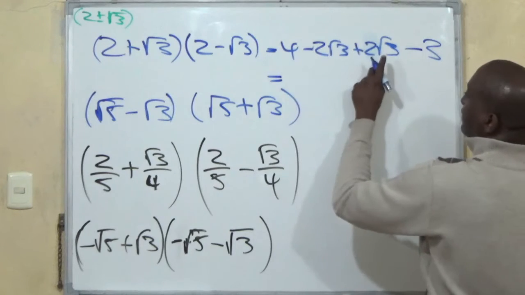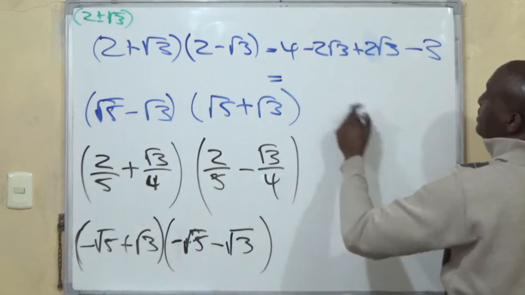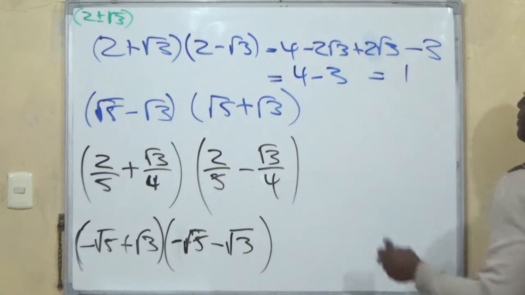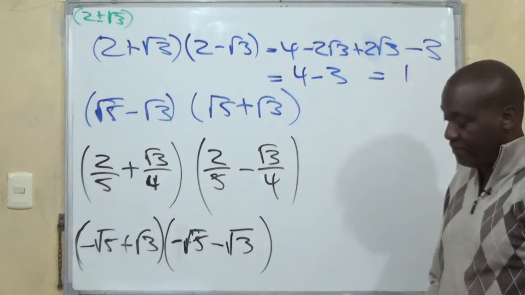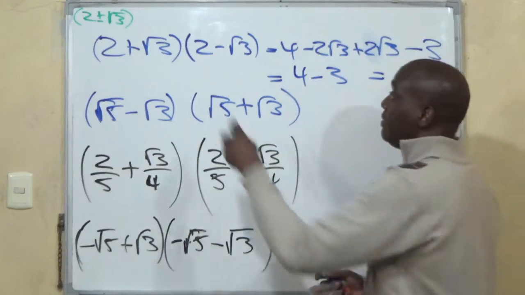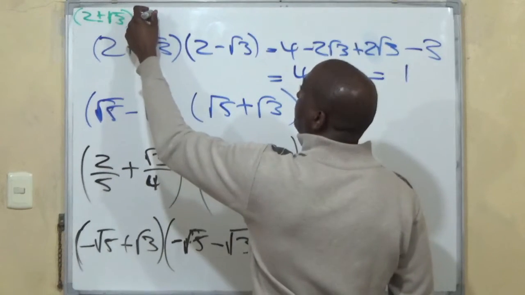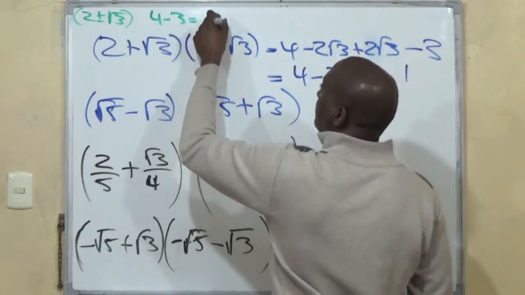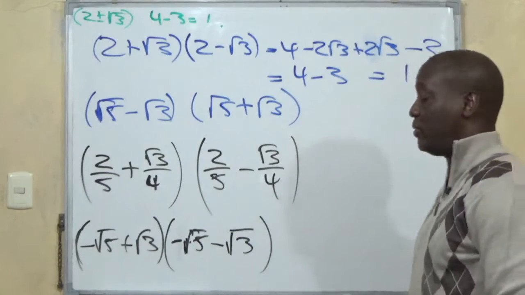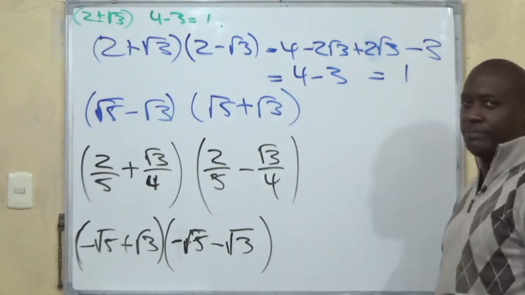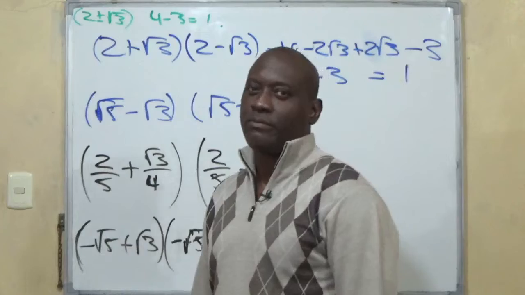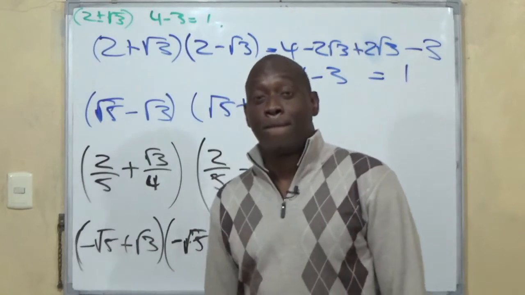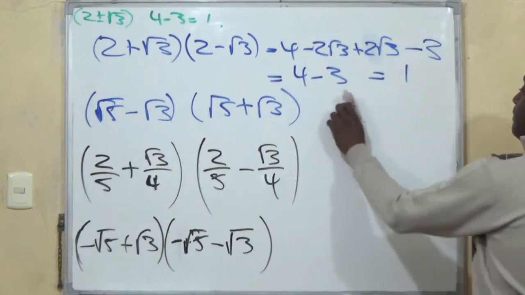The minus 2 root 3 and plus 2 root 3 cancel, so you get 4 minus 3, which is equal to 1. Next to this one, I'm going to put 4 minus 3 is equal to 1. You'll see where I'm going with that shortly. So the final answer is 1. Rational. Whole number. Rational. Right? So you see that.